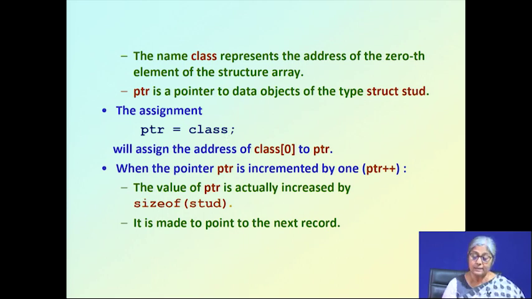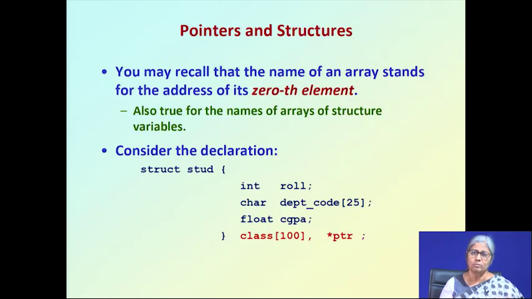See, unless we do this assignment, there is no relation, because it is only similar. Earlier also I told that we can always define a pointer, but unless we give the assignment, there is no relation that this pointer is pointing to this variable.